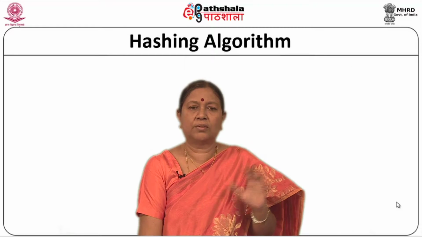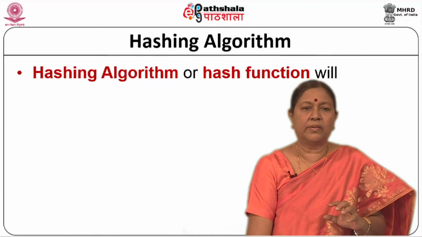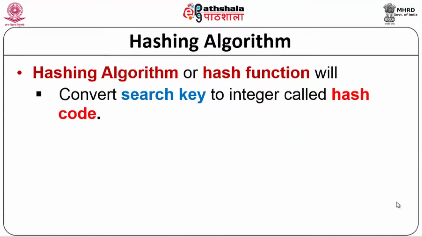Okay, so let us look at the hashing algorithm. What will the hash function do? It converts a search key, the key associated with the object, to an integer called the hash code. Why are you doing this? To get an integer to find a slot number in the table.